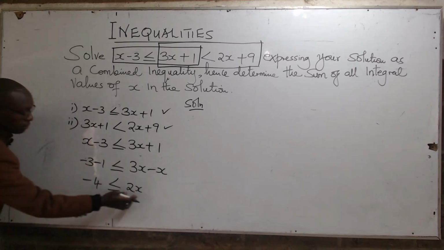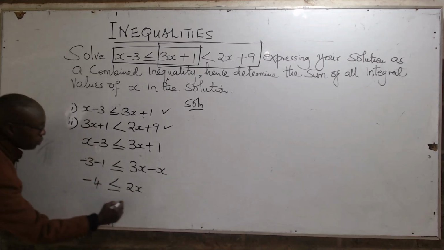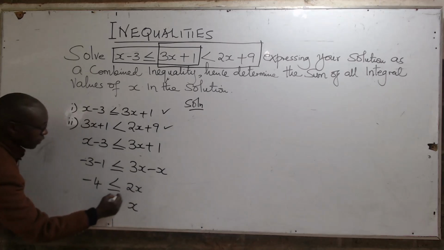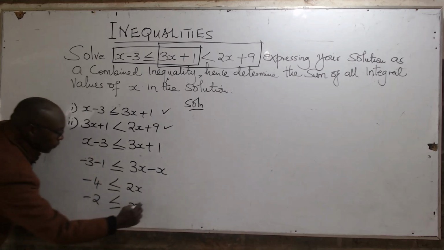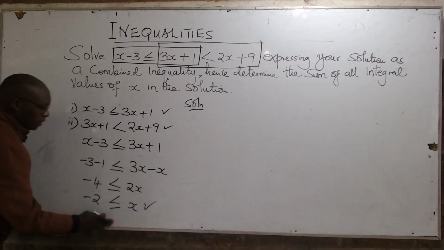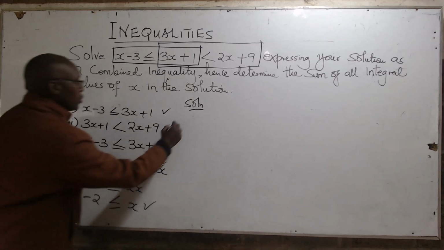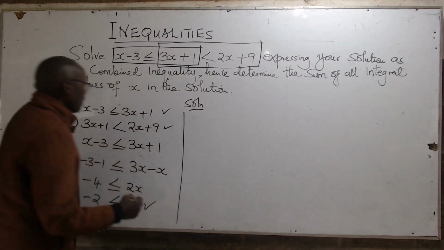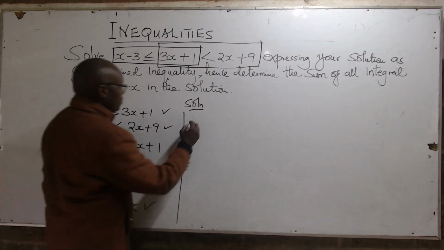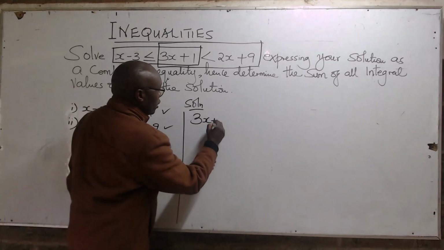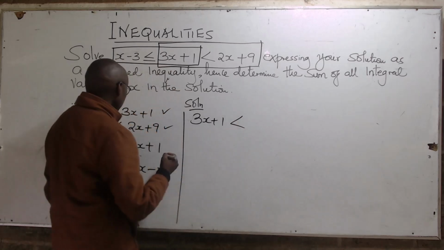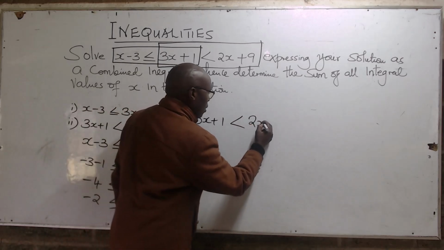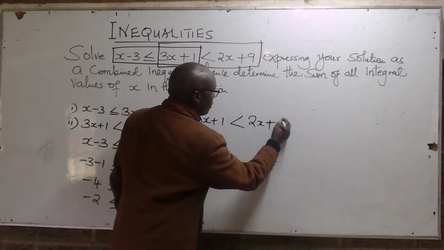Divide this side by 2 and this side by 2, you get negative 2 less than or equal to x. So that is the first solution. We go to the other one, 3x plus 1 less than 2x plus 9.